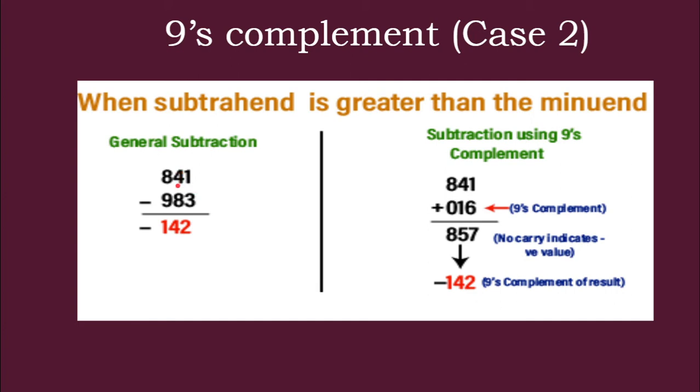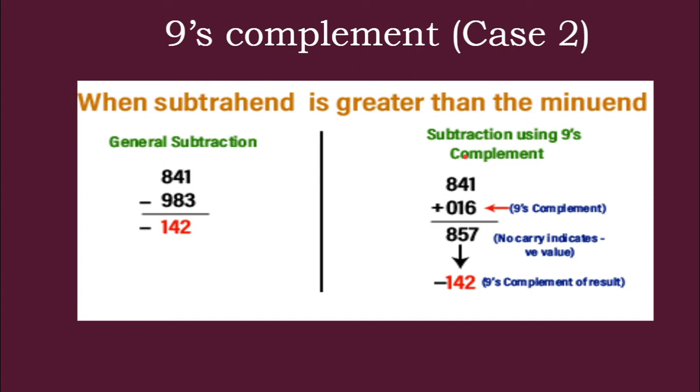Here 841 is the smaller number, and we are going to subtract 983 from it. We subtract as usual: 3 minus 1 is 2, 8 minus 4 is 4, 9 minus 8 is 1. The sign of the bigger number is negative, so the result is minus 142.